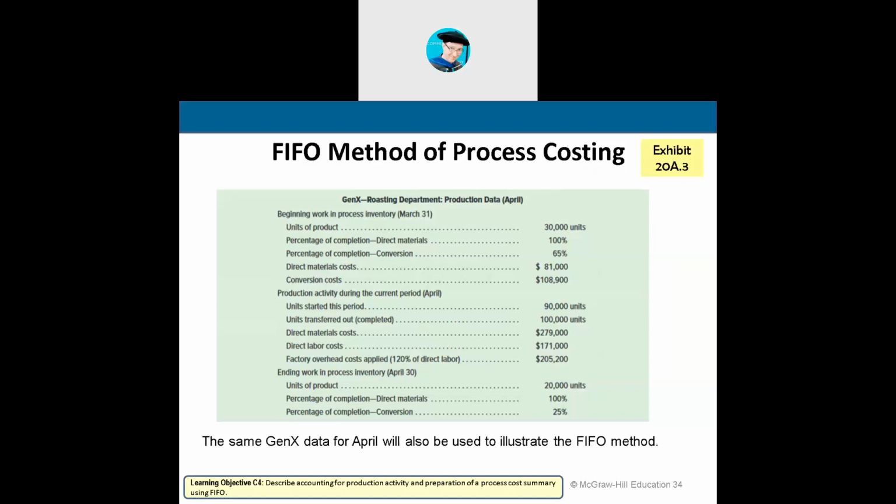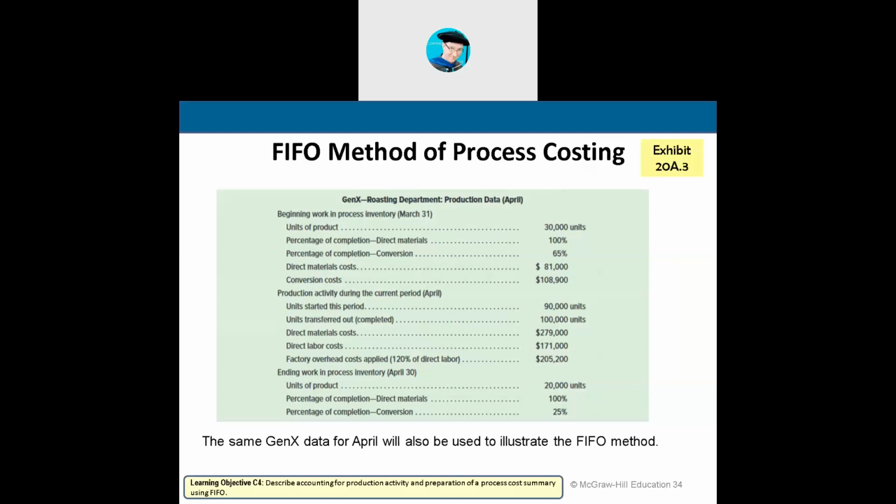We added some additional costs of direct materials, direct labor, and factory overhead during April. At the end of April, we ended with 20,000 units in ending inventory, 100% complete for direct materials, with 25% converted to finished goods.